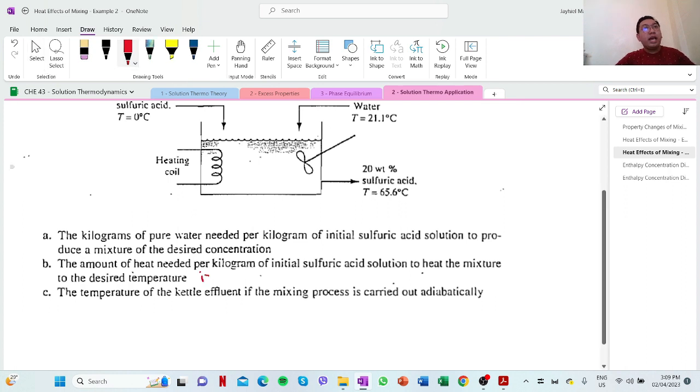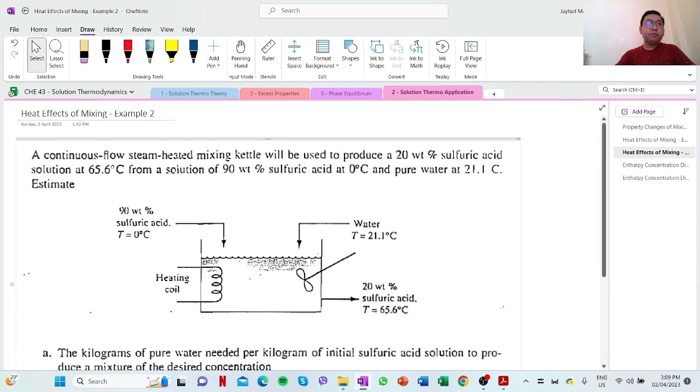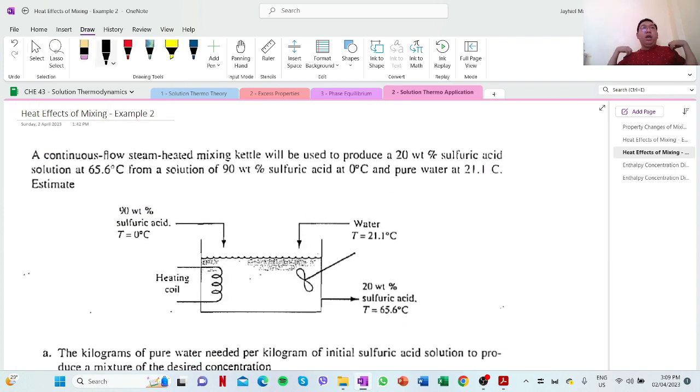For B, it's isothermal, while for letter C, it will be adiabatic, as mentioned in the last word of this item. Okay, for letter A, I think we need to have a mass balance.